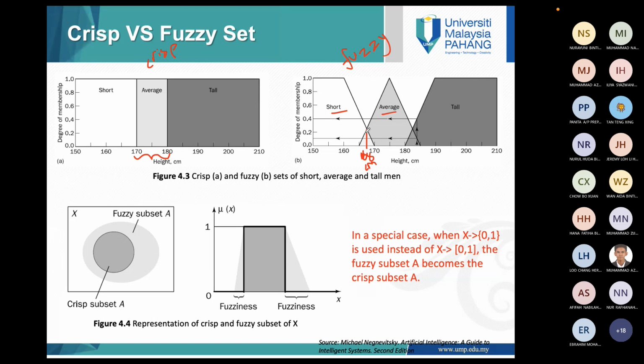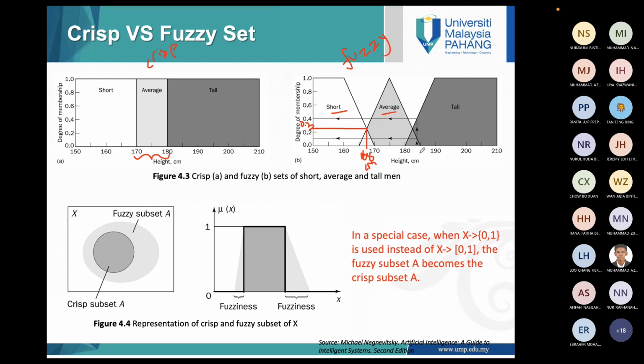In order to get the degree of membership for that particular person, you can draw the line here to get the value. Let's say the value for this person is 0.3. More or less he will fall in the short category more than the average category.